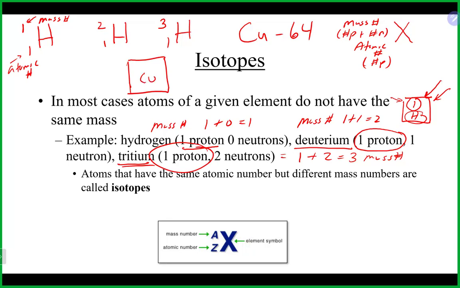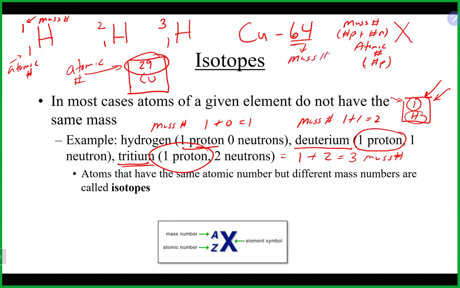what number is above copper on the periodic table? Number 29. And this is the atomic number, right? Which means obviously the 64 here is not the atomic number, because the atomic number for copper is 29. The 64 in this case is the mass number.